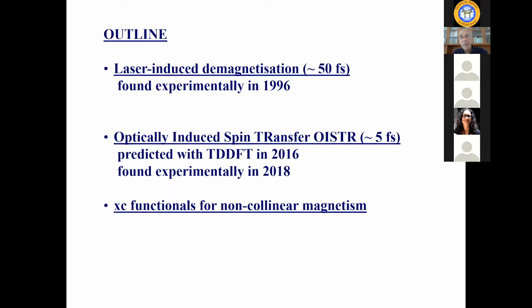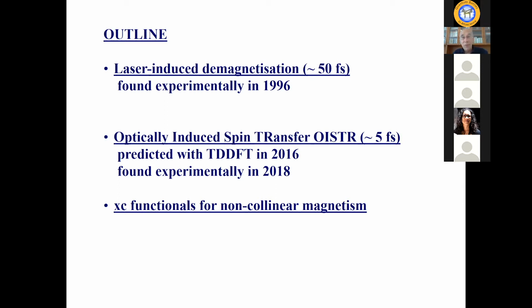My talk has 3 distinct topics. First is laser-induced demagnetization. This is more like an old topic. This was found experimentally in 1996, and I would claim it is now fully understood with TD-DFT calculations. An important aspect there, as I will show, is time-dependent spin-orbit coupling.